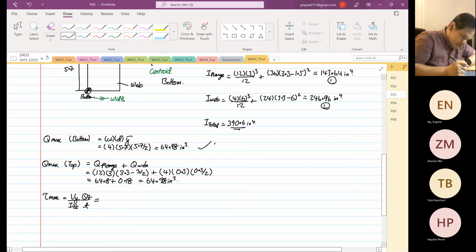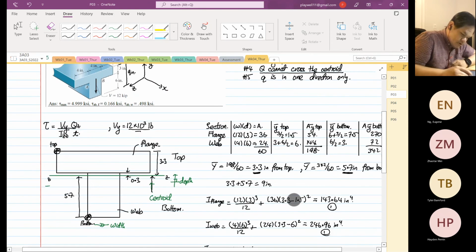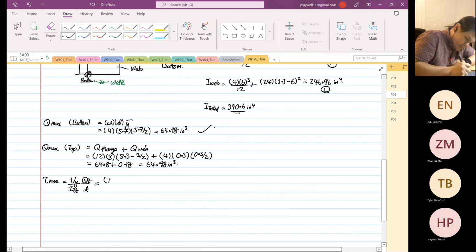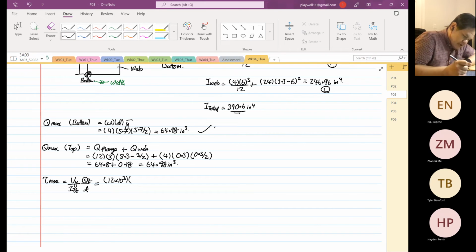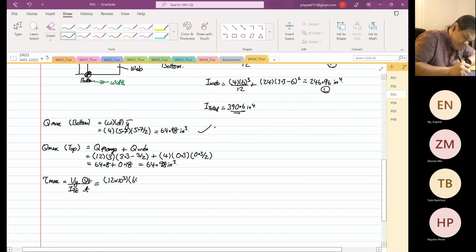Given our Vy is equal to 12 times 10 to the power 3, Qz, or Q about the z-axis, is 64.98. Either you take from the top or the bottom, it's going to be 64.98. Izz is 390.6. And then the thickness we know is 4 inches.